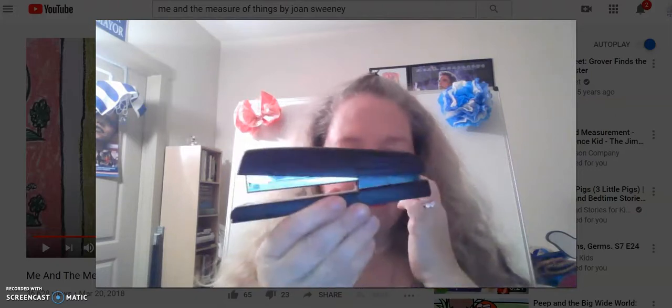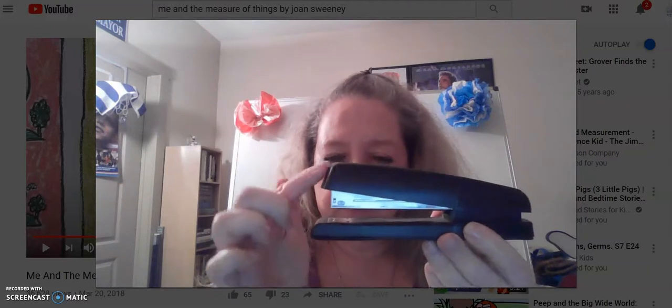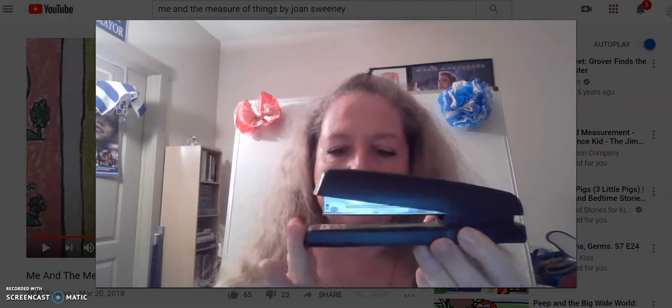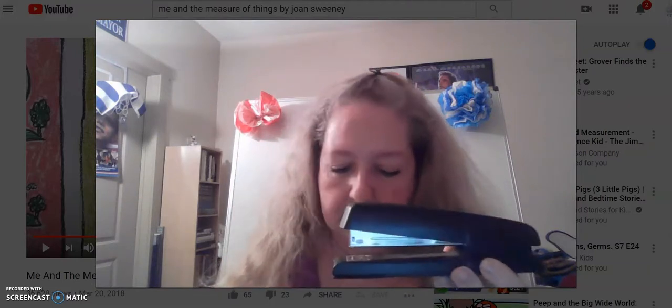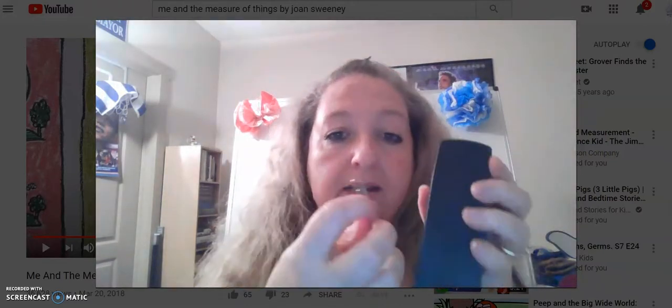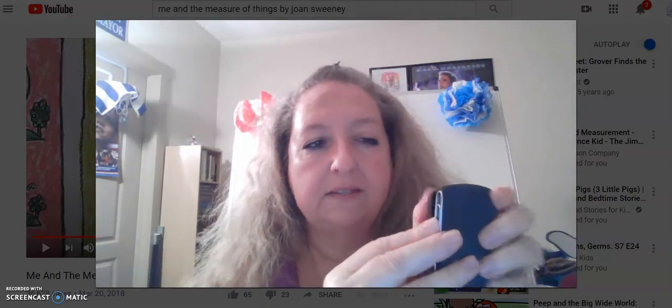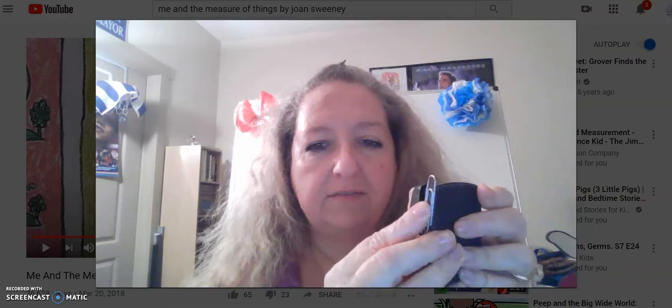So I'm going to measure my stapler first. Now, with a stapler, you see that this end is pretty much the same. Over here, the top is a little bit shorter, so I'm going to measure the longest part. Now, I'm going to make sure that I take my paper clip and I put it on the end of the stapler. I don't want it hanging off.